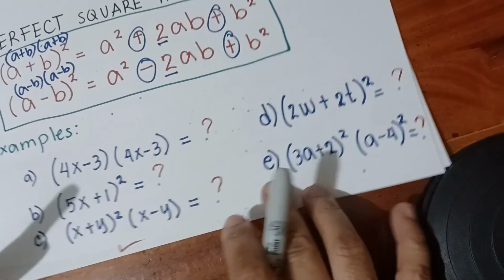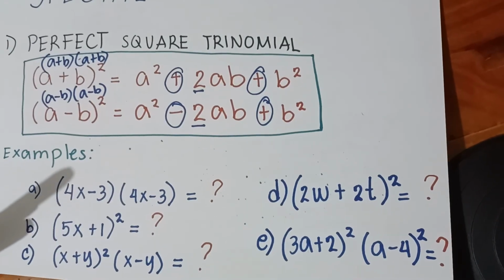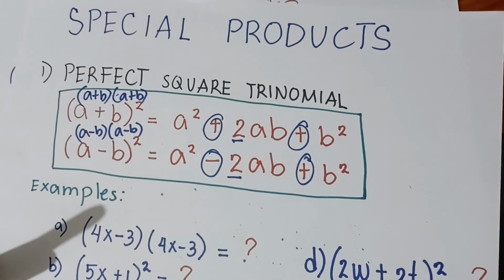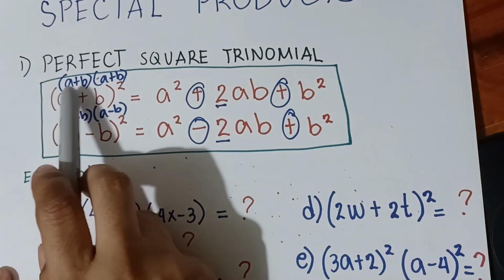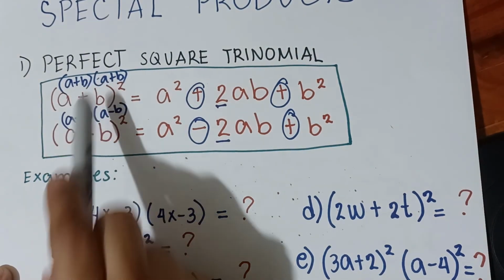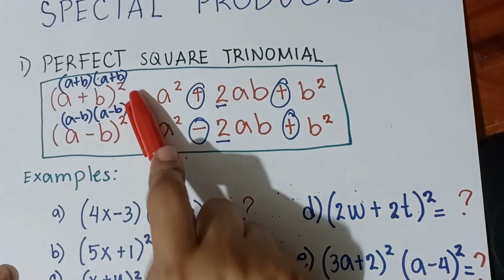So don't forget, in multiplying perfect square trinomial, pag sinabi natin perfect square trinomial, two binomials that are multiplied to itself, pareho ng terms at the same time pareho ng sign. Okay? Kasi later, magdi-discuss din tayo ng same term but different sign.